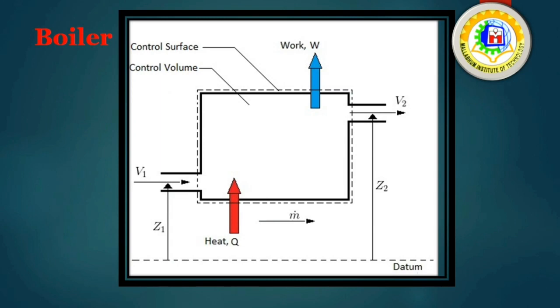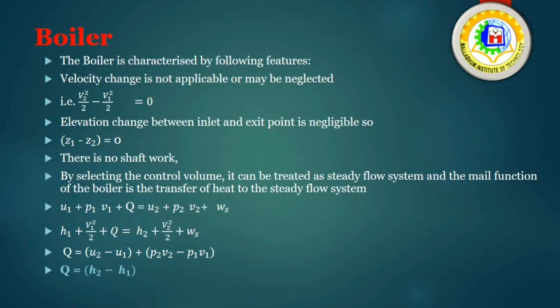Now the boiler. The boiler is a very important part of a power plant, which is considered the source in the power plant. The boiler is characterized by the following features.